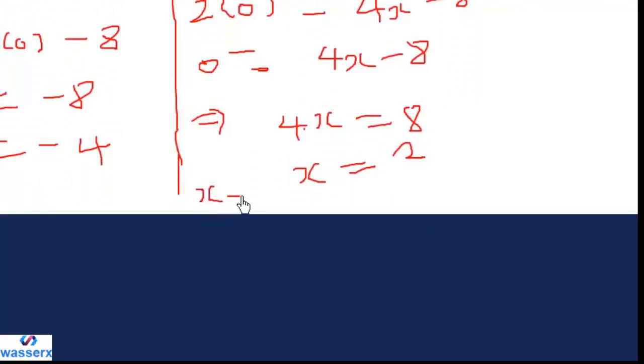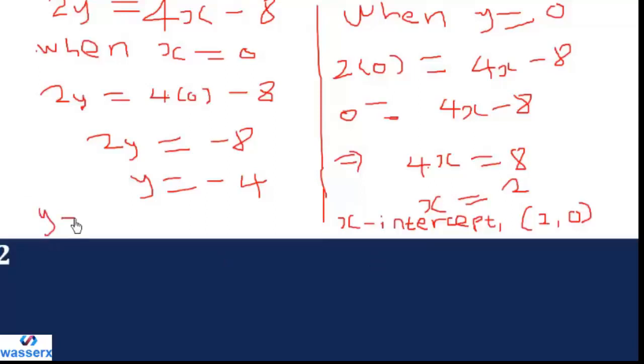So we know the x-intercept to be (2, 0) and the y-intercept to be (0, -4).